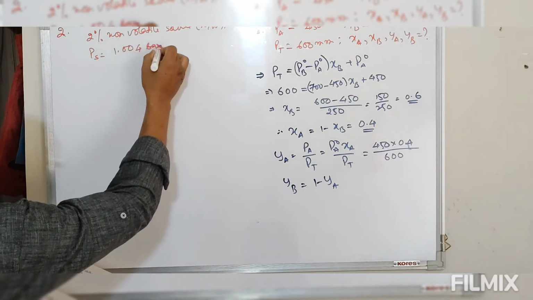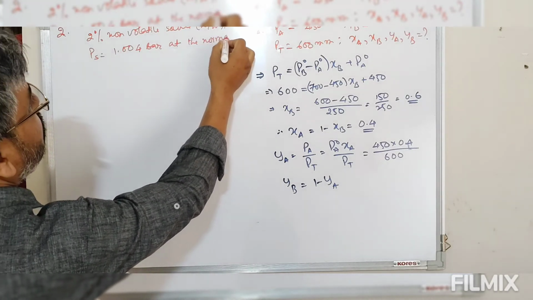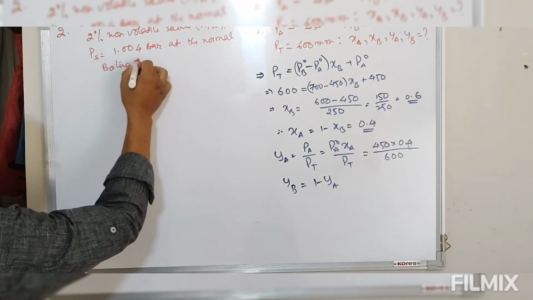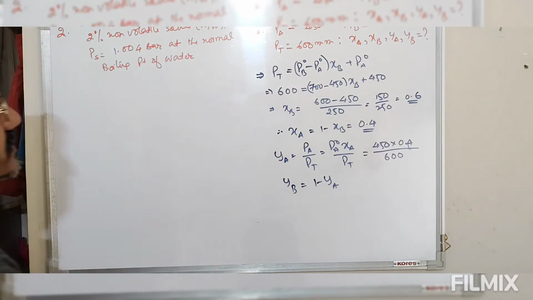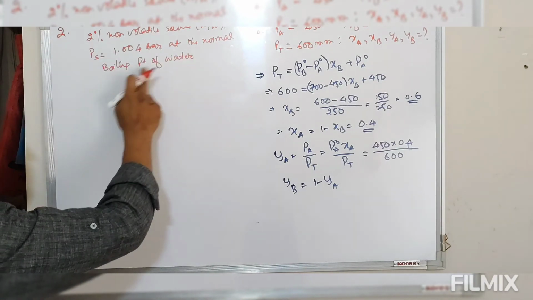1.004, but at the normal boiling point of water. So look at this, very important conditions are given. This vapor pressure is at the normal boiling point of water.